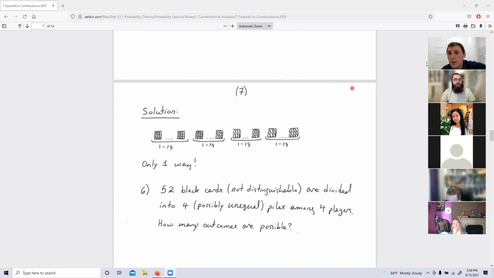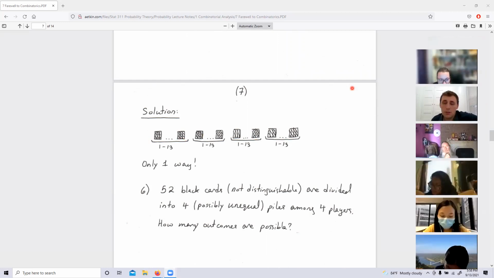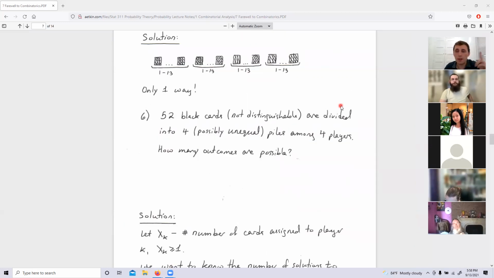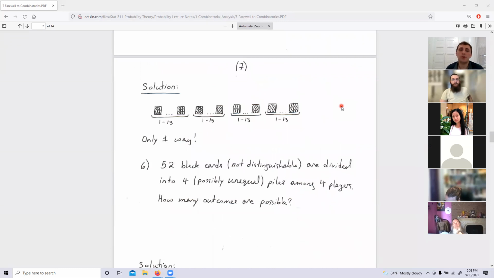It's like if you have a pile of 52 Benjamins and you just give each person 13 of the Benjamins, right? Only one way.